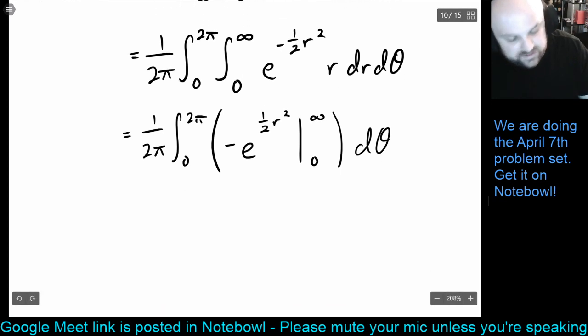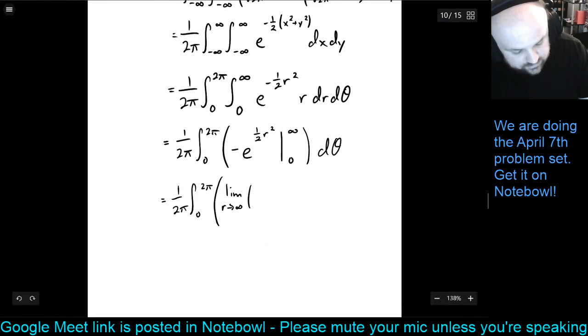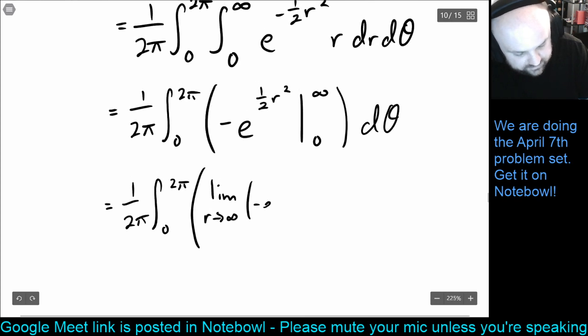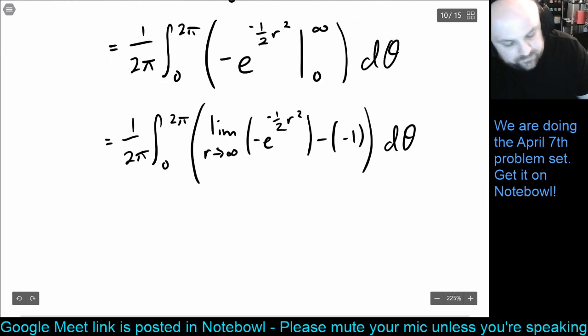Right? So in order to do this bound with an infinity in it, remember we need to really do that as a limit. We have the limit as r goes to infinity of negative e to the 1/2 r squared, I lost my negative there, and then minus, plug in 0, we're going to get negative 1.